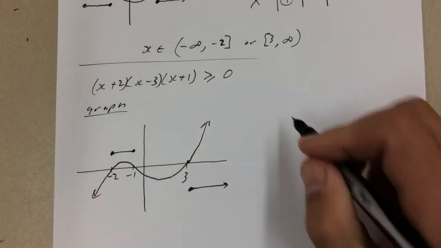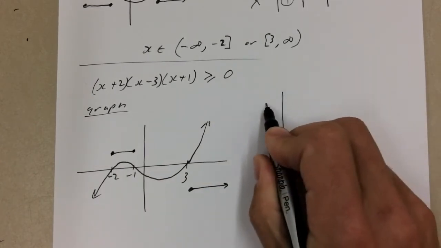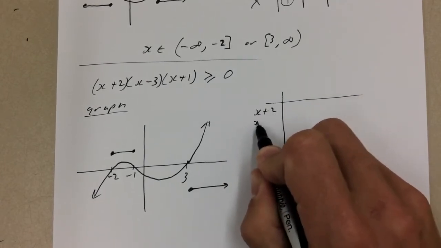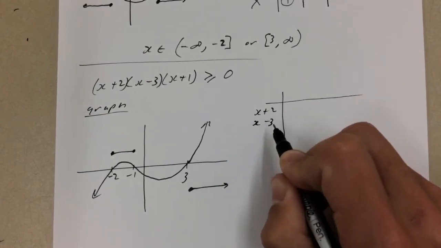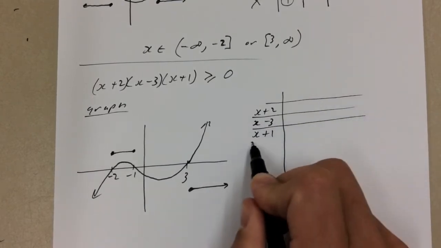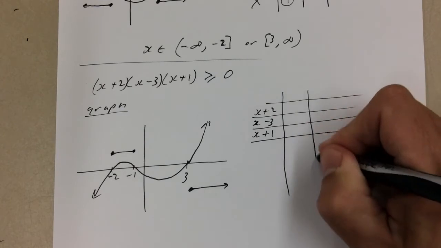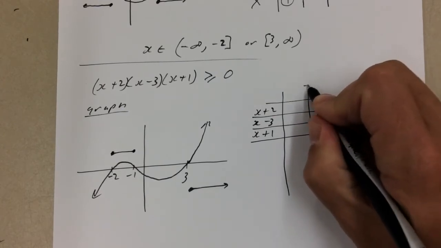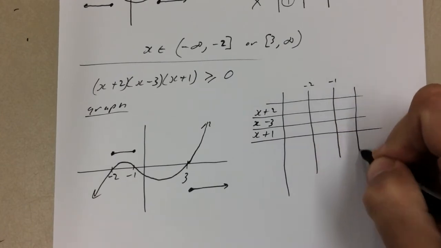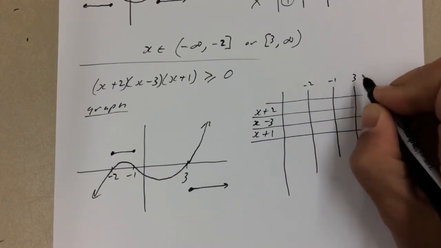Okay. The table method will look like this. Write the factors: x plus 2, x minus 3, x plus 1. It's going to be 3 points where it breaks, so the lowest is going to be -2, -1, and 3.